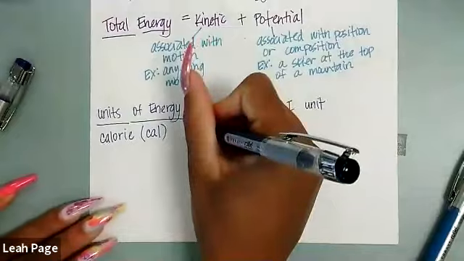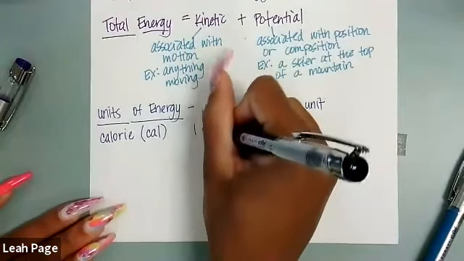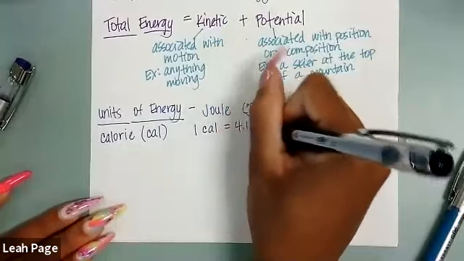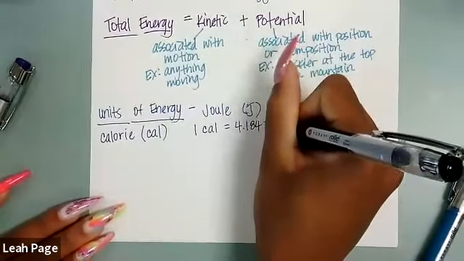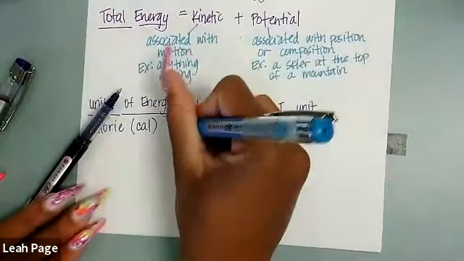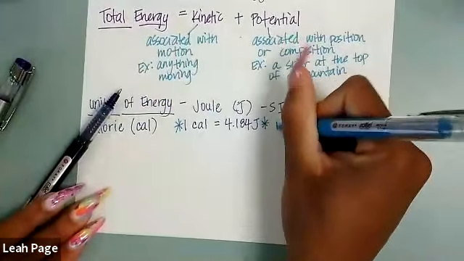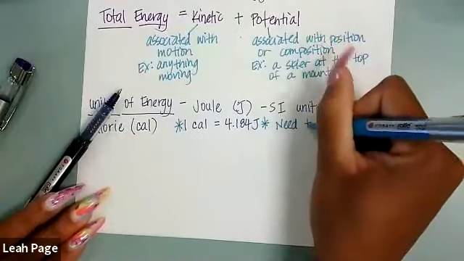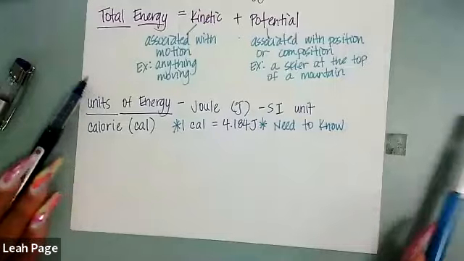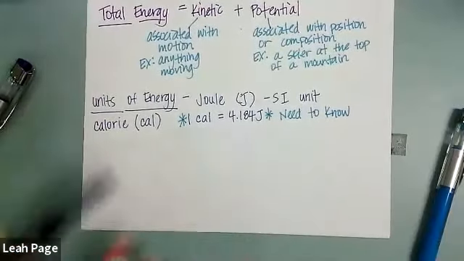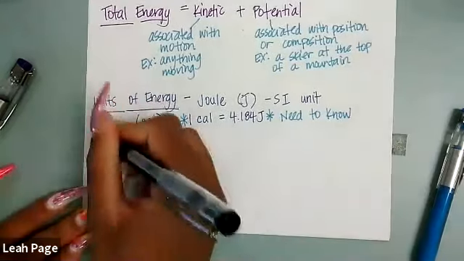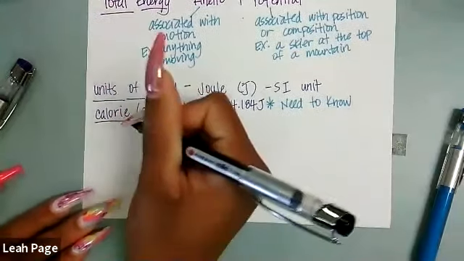We can say that 1 calorie is equal to 4.184 joules. I'm going to put a star by here. This is something you need to know. It's going to come up a lot. So that's one type of energy.